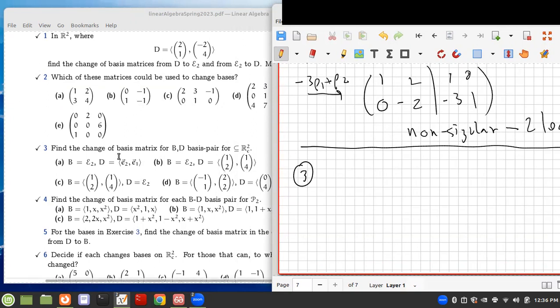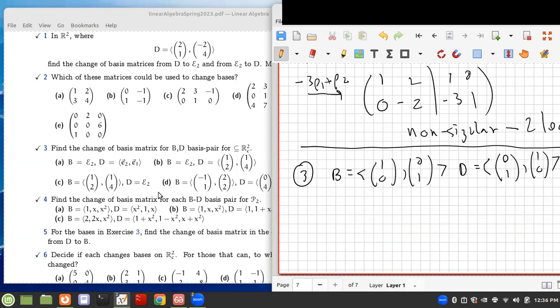It says here 3, find the change of basis matrix for the pair B, D where they're both in R2. So here is B equals, I'll write this out. This is the notation for the standard basis. And the codomain basis equals 0, 1, 1, 0. These are the names for the individual vectors.